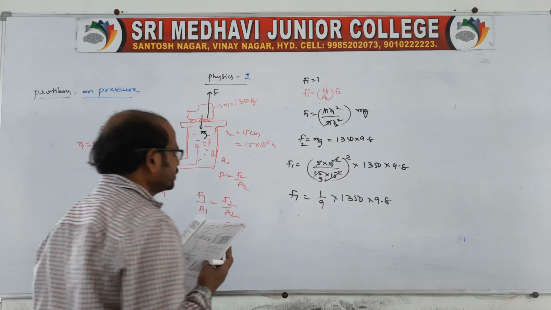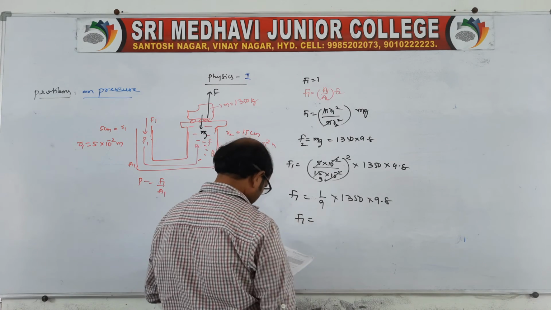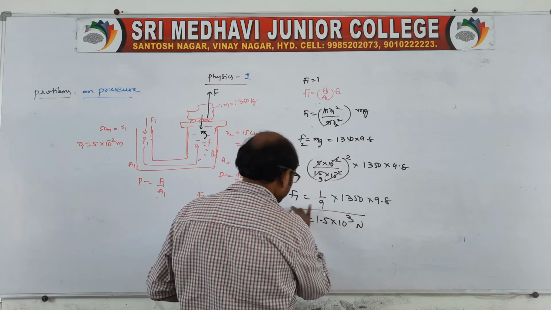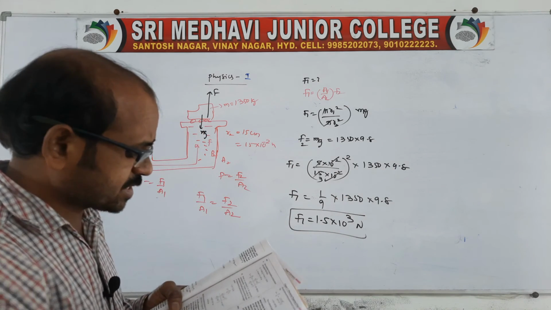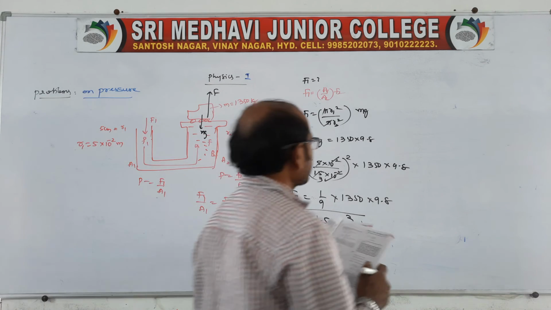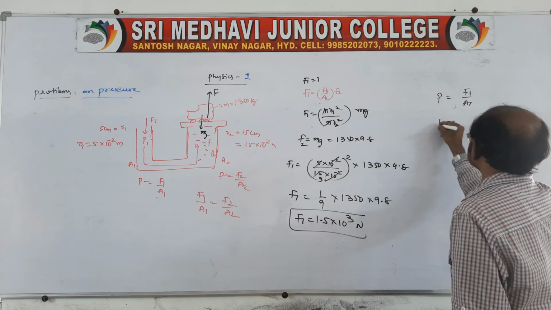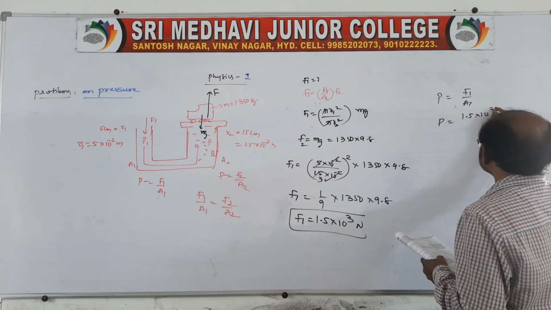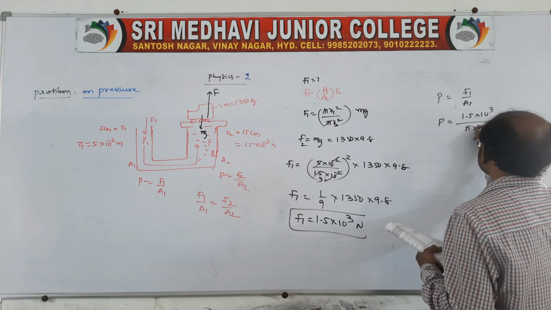So we get the force F1 equal to 1.5 into 10 power 3 newtons, if you go with simplification. And it also asks what the pressure necessary to complete this task is. So the pressure is equal to F1 by A1. F1 is 1.5 into 10 power 3, and the area is pi R squared.